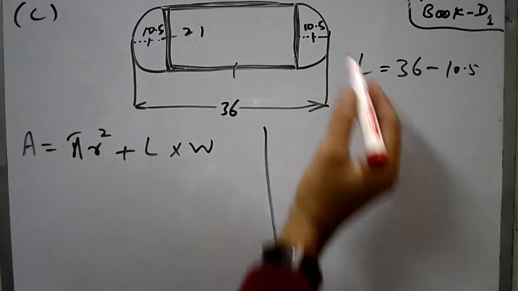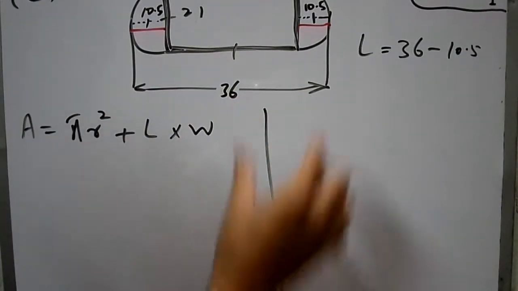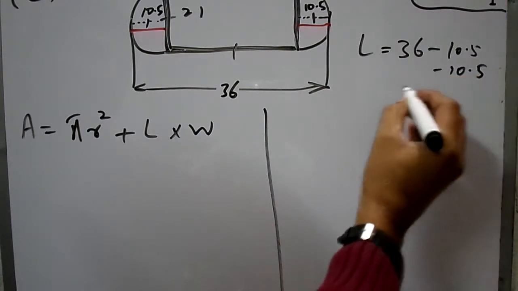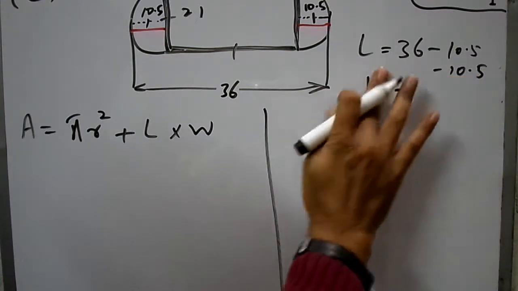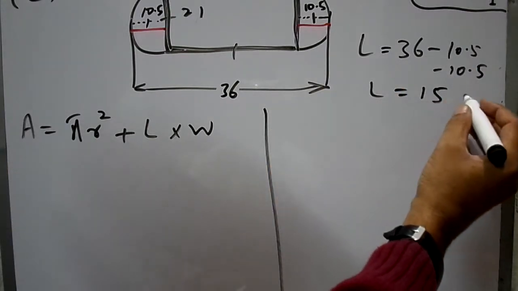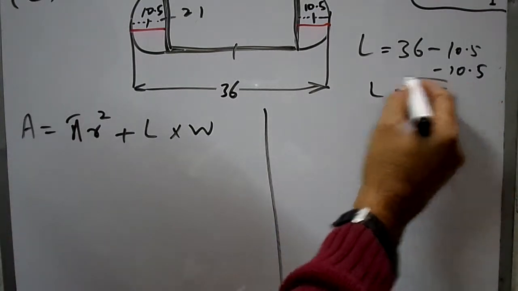You have to subtract this area and this area from the total. So after subtraction, minus 10.5, you will get the length L is equal to 15 centimeters. Okay, so that is your length.